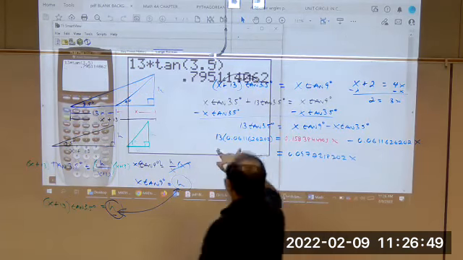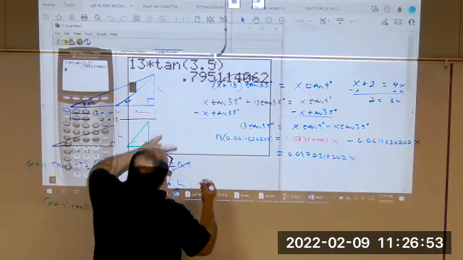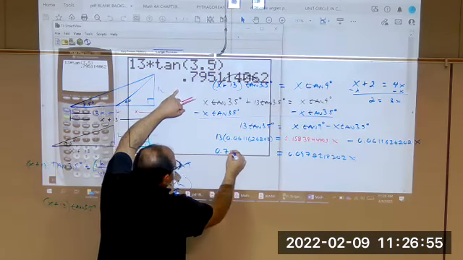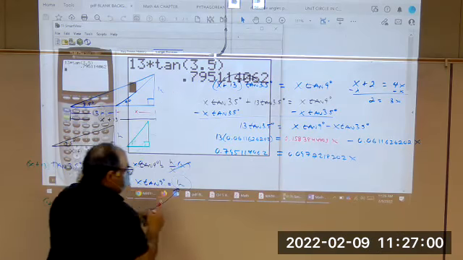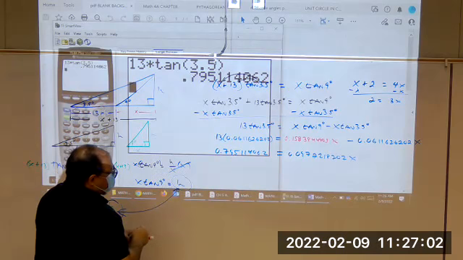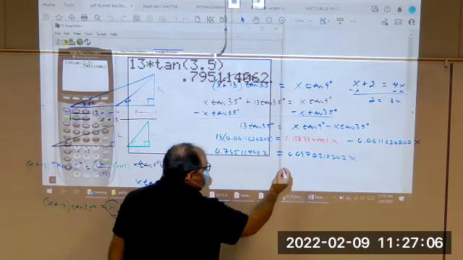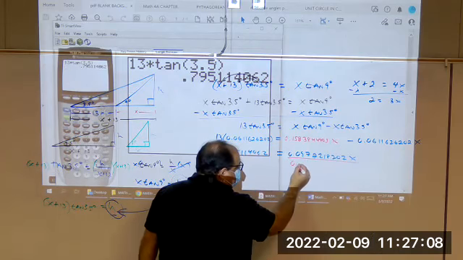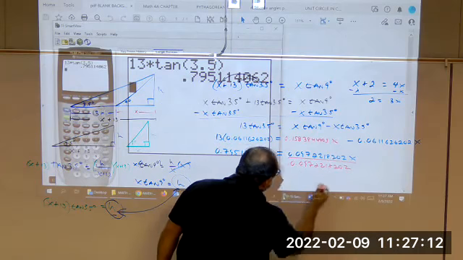So 13 times the tangent of 3.5 is 0.7951140062. Now to solve for x, you divide both sides by 0.09722182202.